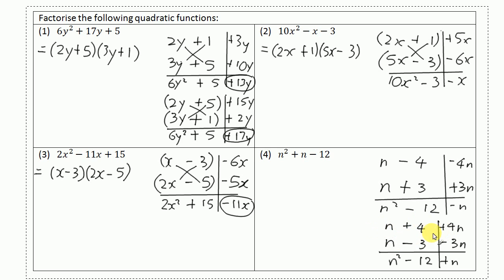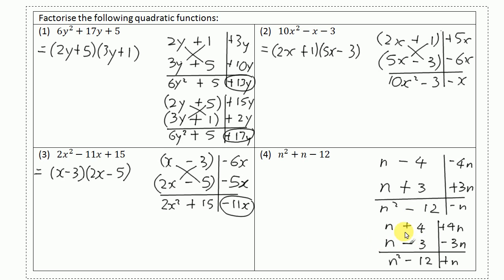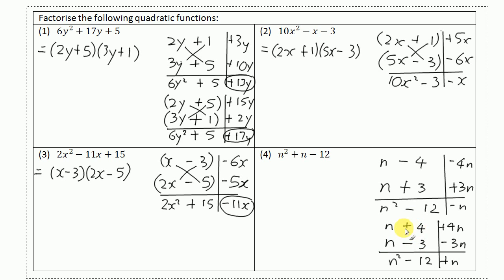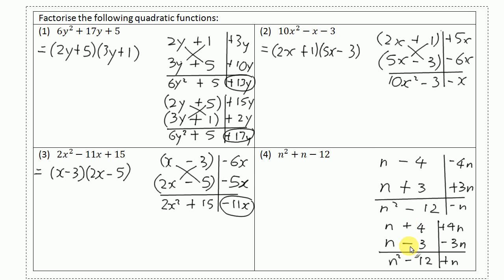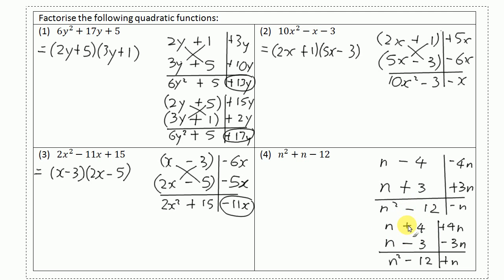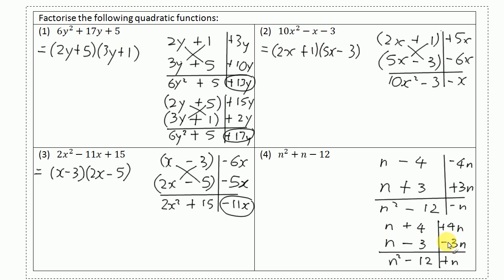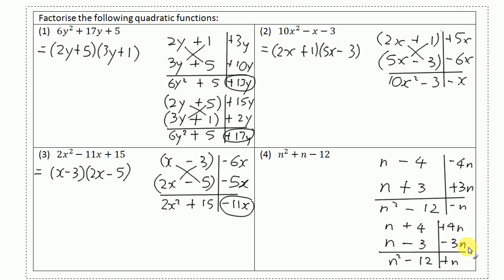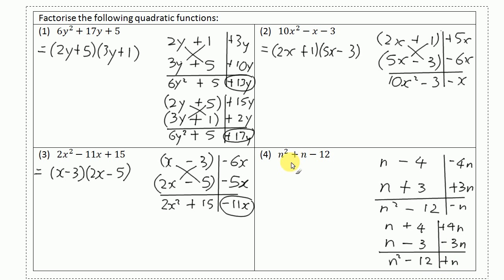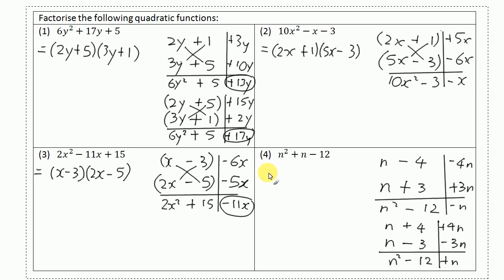Alright, so here I have reversed the sign. Instead of negative 4 and plus 3, I change them to plus 4 minus 3. And again, cross multiplying, I get negative 3n and positive 4n. And adding this together, I get plus n, which is the same as what I have here. Alright?